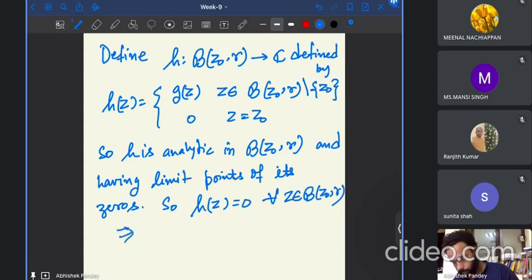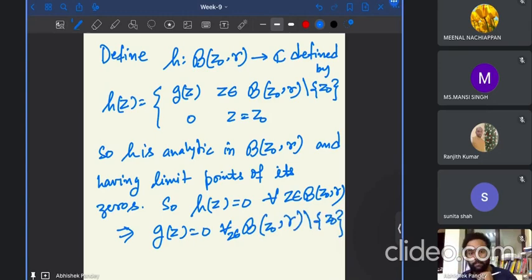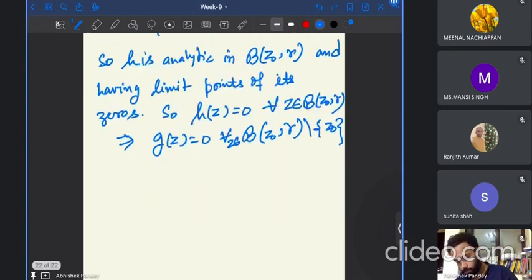So basically h(z) is equal to 0 for every z belongs to this one. This implies g(z) is equal to 0 for every z belongs to this neighborhood of z naught. Okay, what does it mean?